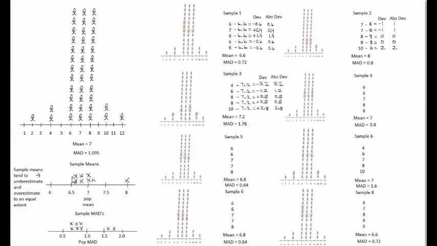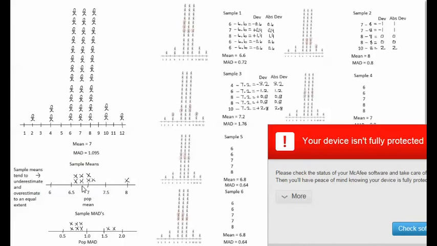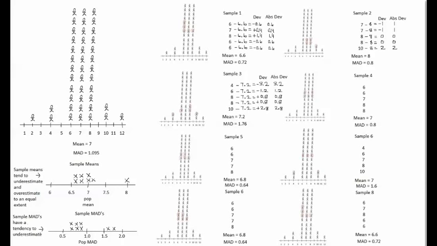If we kept on doing this with more and more samples, we would see that this side that's lower than the population mean would have about the same number of x's as this side that's above it. So the number of x's in the underestimating area would be about equal to the number of x's in the overestimating area. But the sample mean absolute deviation has a tendency to underestimate the population mean absolute deviation.